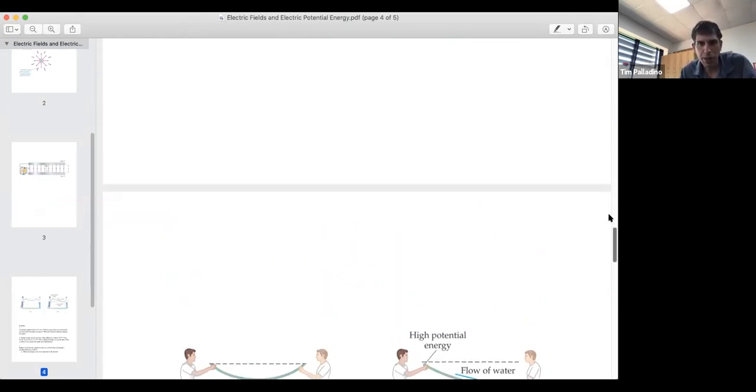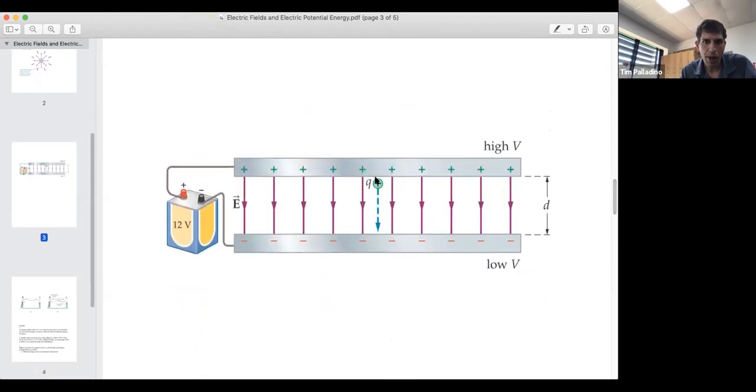So the analogy that I was trying to make here is why does a positively charged object in an electric field move from what we'll call a higher potential to a lower potential? It's the same analogy as water, right? The water goes from high potential energy to lower potential energy.